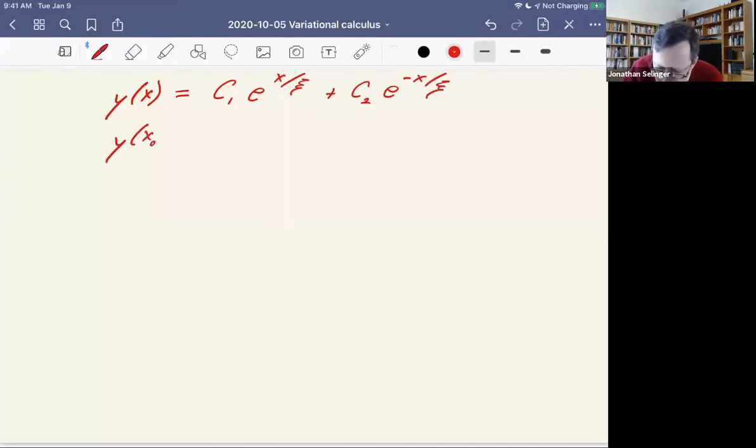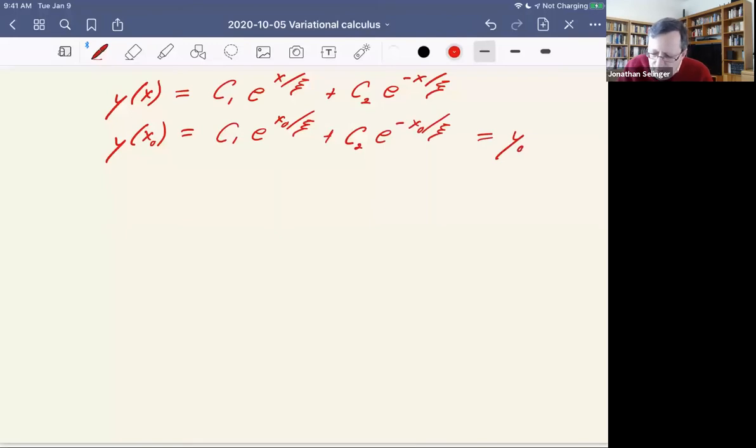Okay, so y of x0 is C1 e to the x0 over ξ plus C2 e to the negative x0 over ξ, and that has to be y0.